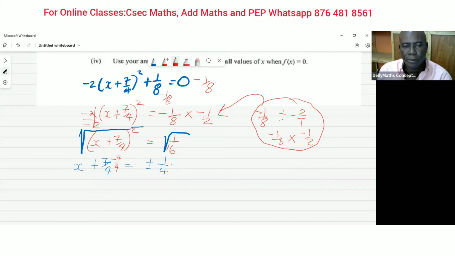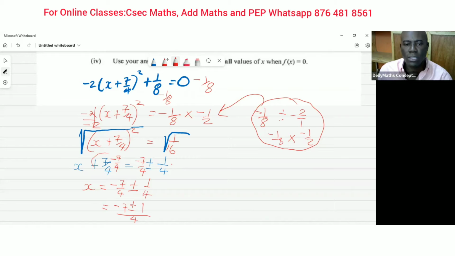I'm going to put it here in front of this. So right here, we're left with x only on this side, which is equal to negative 7/4 plus or minus 1/4. Definitely same denominator. So I could go equal to negative 7 plus or minus 1 over 4, because I'm having that same denominator here.